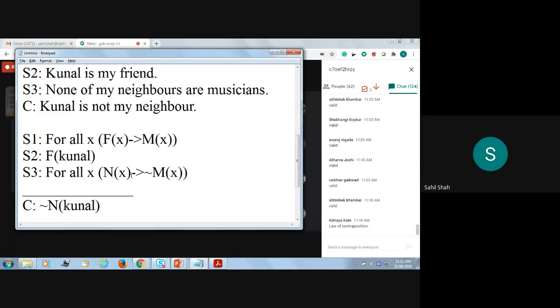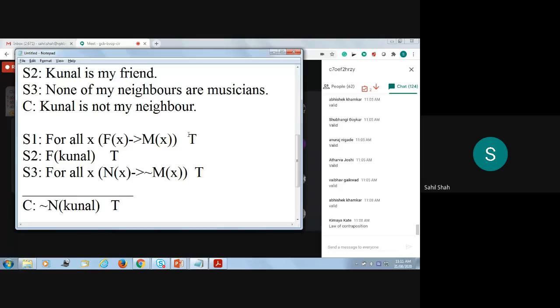If N of Kunal is true, then he will not be a musician. That means Kunal is your friend, and again, here you have to say all these premises should be true along with the conclusion in order for the entire statement to be true.